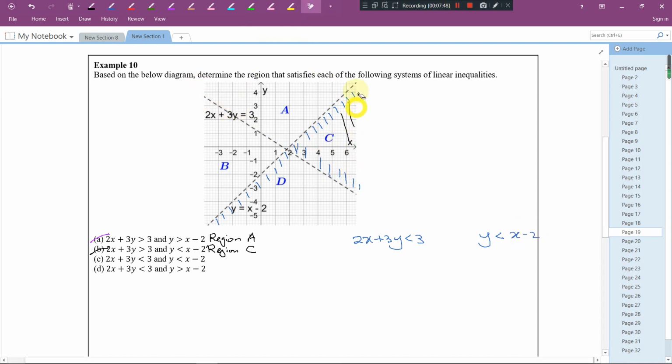Okay, let me erase this one first. 2x plus 3y is less than 3. It means below this straight line. Make some marking first. And y is less than x minus 2. y is equal to x minus 2, less than, same thing, below here.